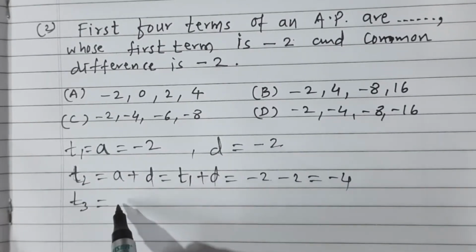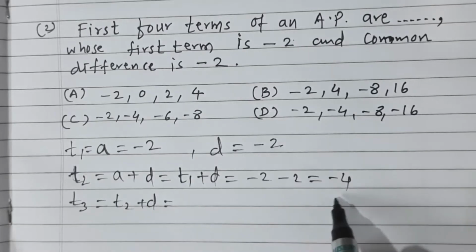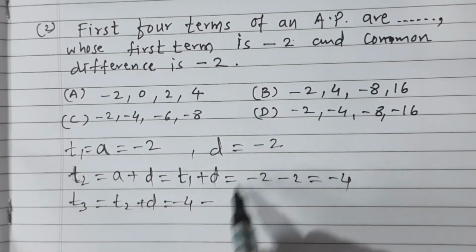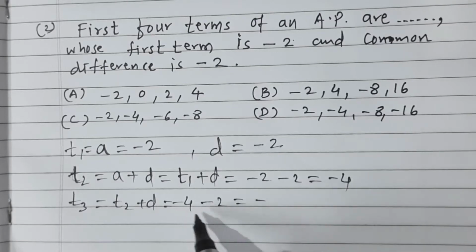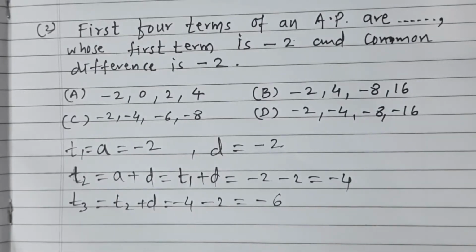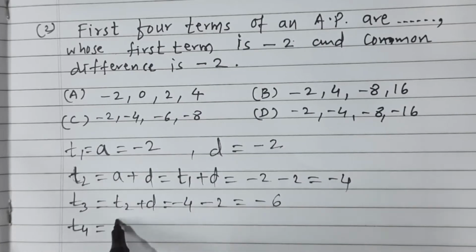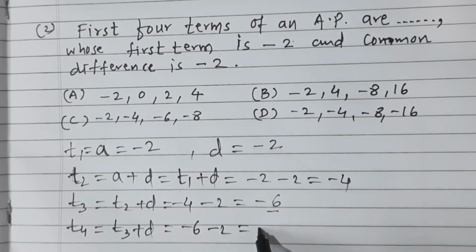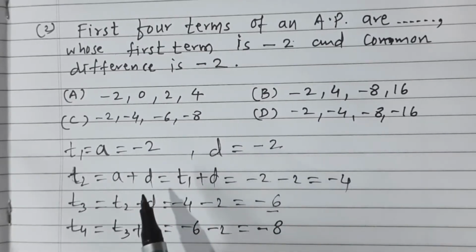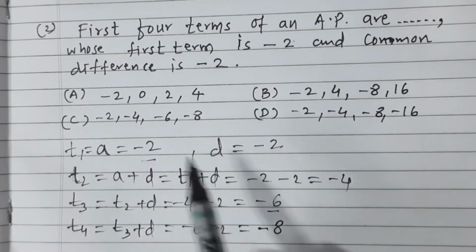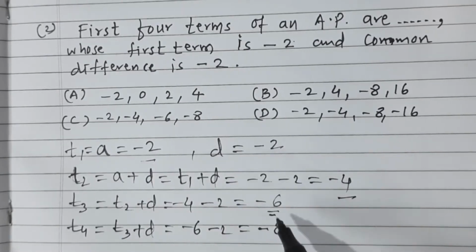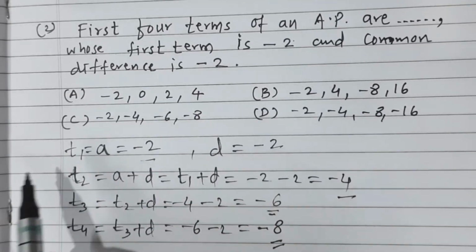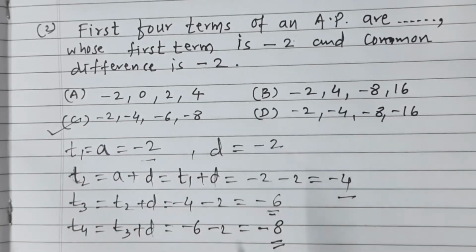T3, the third term, is T2 plus D, T2 is equal to -4 and D is -2, which is equal to -4 minus 2 is -6. T4, the fourth term, that is T3 plus D, T3 is -6 and D is -2, that is -6 minus 2 is equal to -8. So the first 4 terms of an AP are -2, -4, -6 and -8. So the correct option is C, option number C.